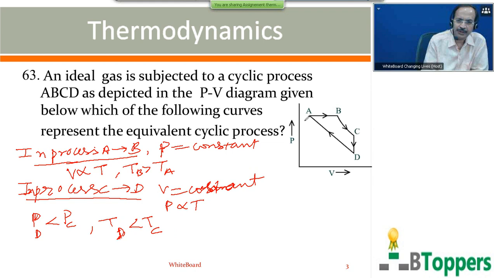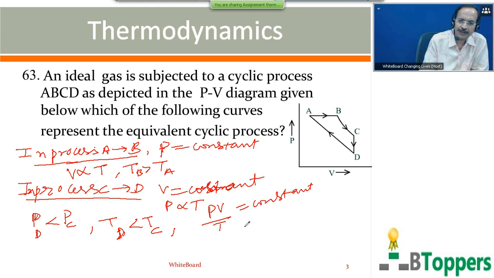The process D to A. The graph is a straight line. In the process D to A, volume is decreasing, pressure is increasing. So from perfect gas equation, can write PV by T is constant for a fixed mass of gas.